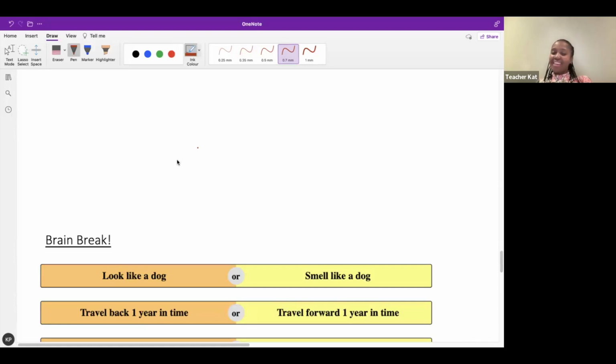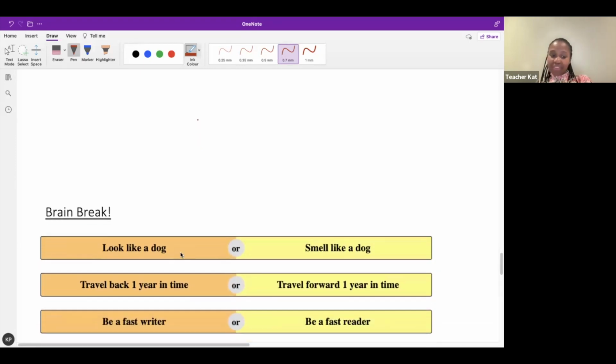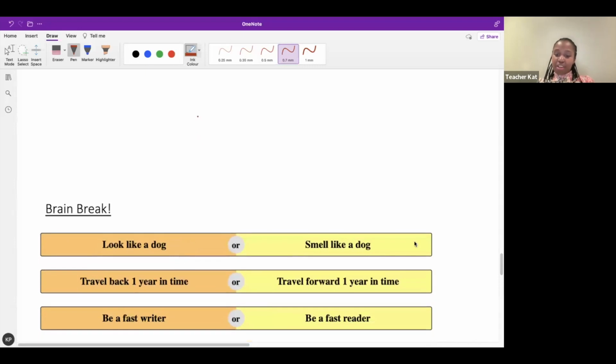Where are you going? Everyone is saying forward. Wow. Okay, guys. The next one, would you rather be a fast writer or a fast reader?